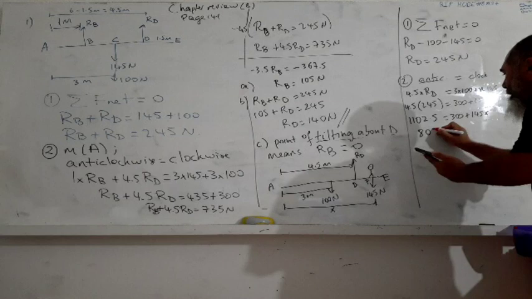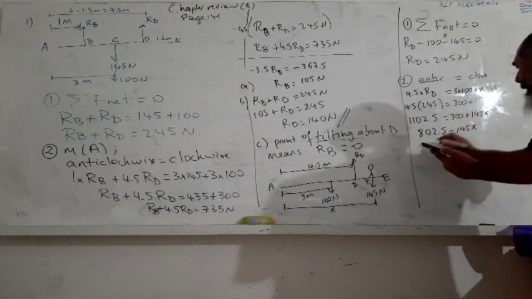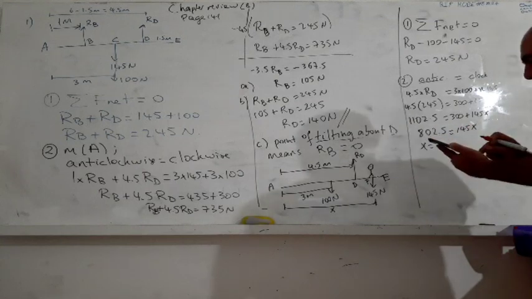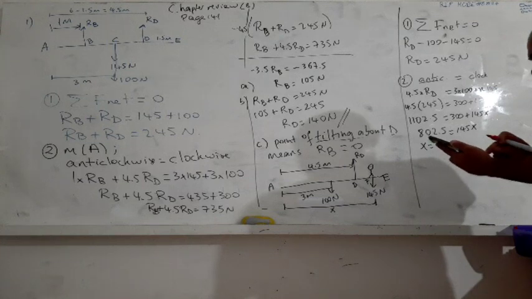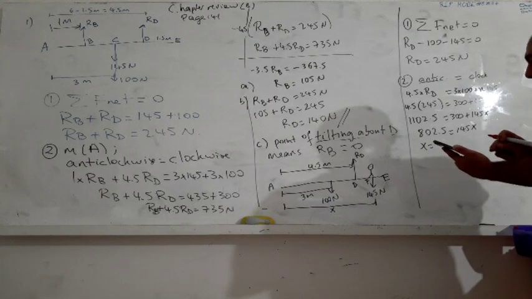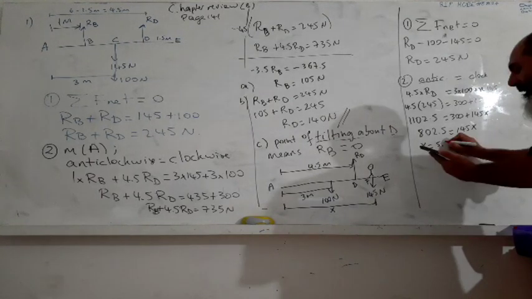And x is 5.53 meters. But this distance is from A.